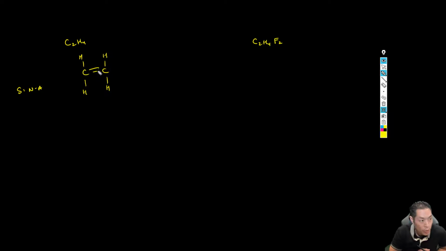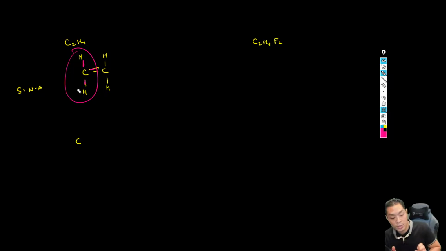So this is what you have. Now this is a Lewis structure. In reality, it looks like this. If we just focus on one of the carbons, it's bonded to 1, 2, 3. It has 3 things attached to it, so that means it's going to be trigonal planar. So the correct way of drawing this will be like this.